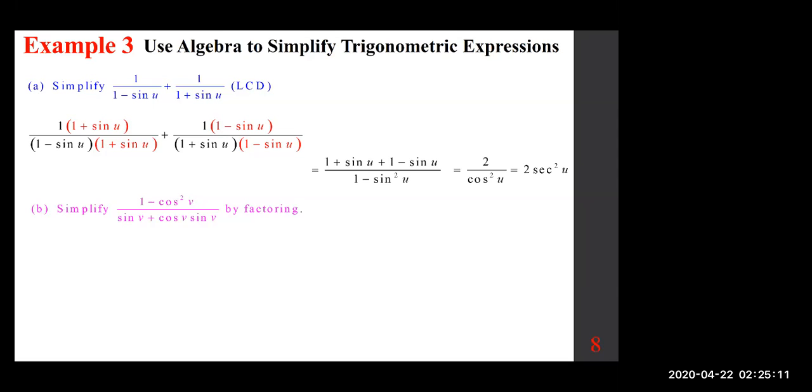The second one, even if it doesn't say factoring, I hope you recognize that would be the case because there is really no other way. The top can be easily factored because it's really a squared minus b squared. That's why you've got to be extremely comfortable with your factoring. The top is a squared minus b squared, which is a minus b, a plus b in any order.